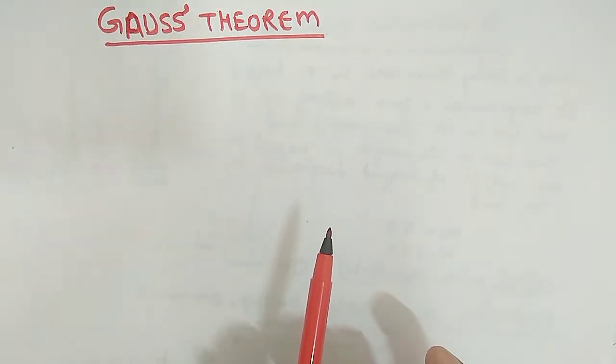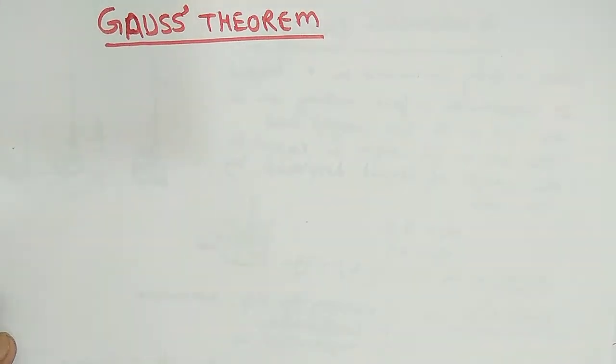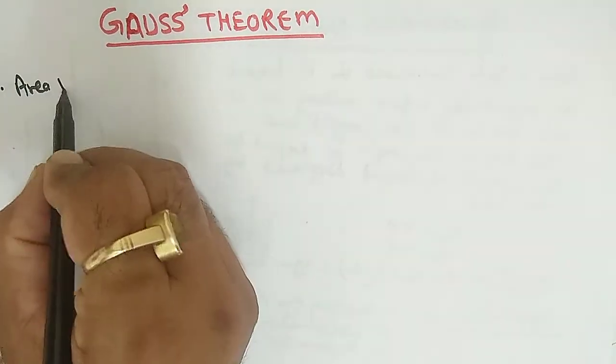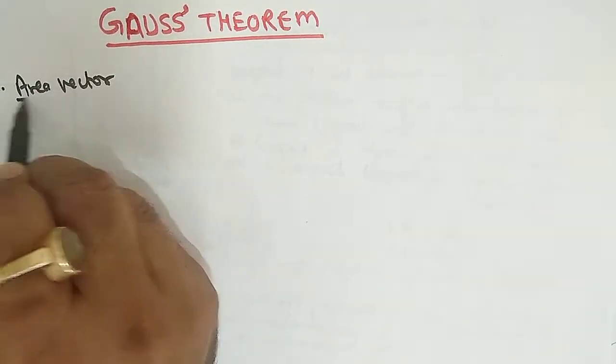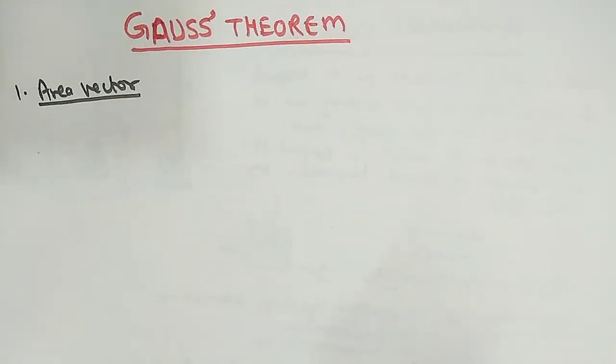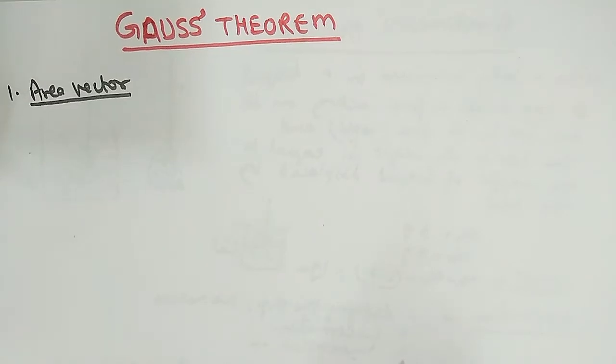To know about the Gauss theorem, first of all we should know about the area vector. What is the area vector? Vector means a physical quantity which has direction as well as magnitude, which can be measured by both, the magnitude and the direction.